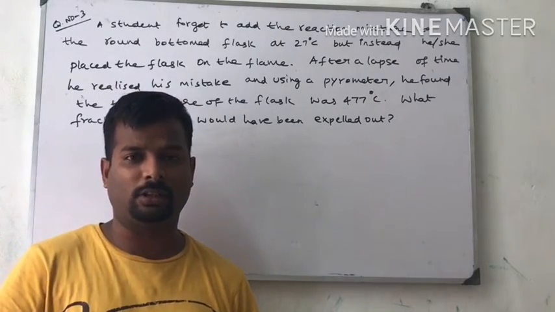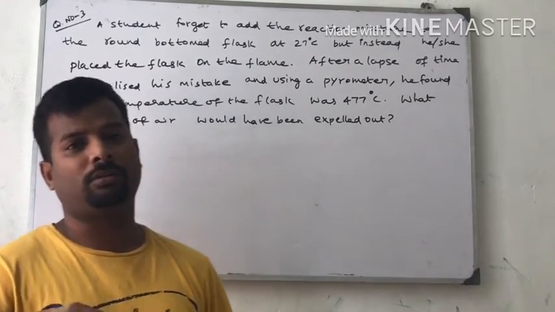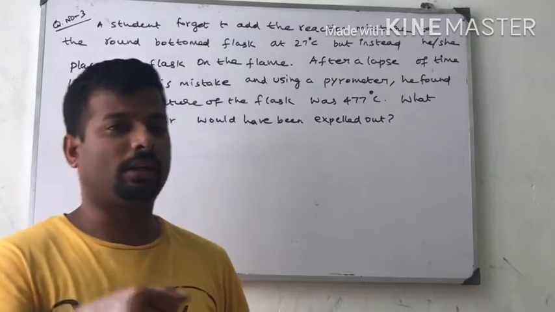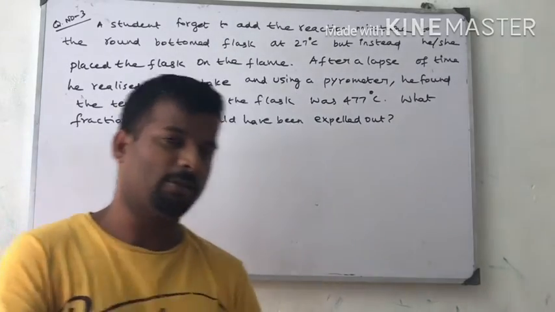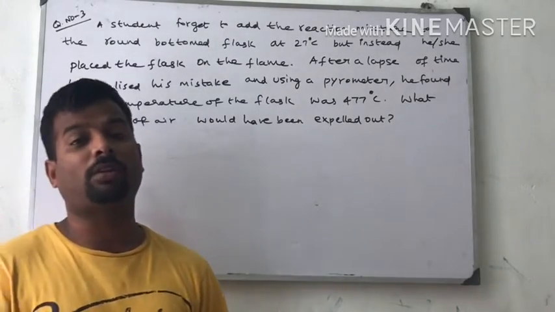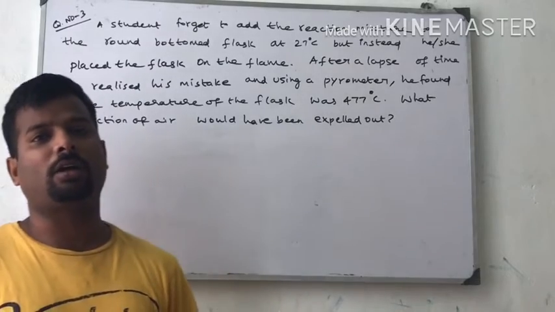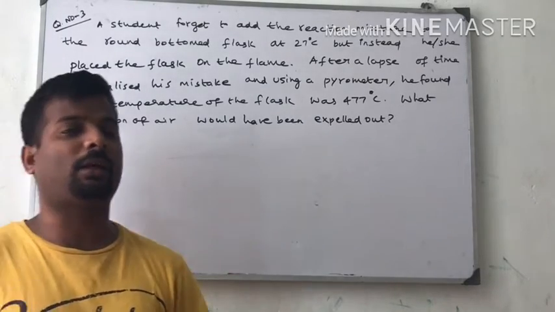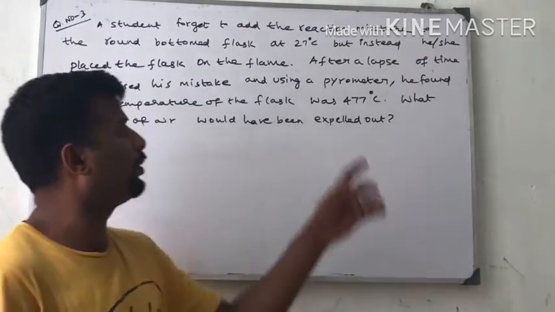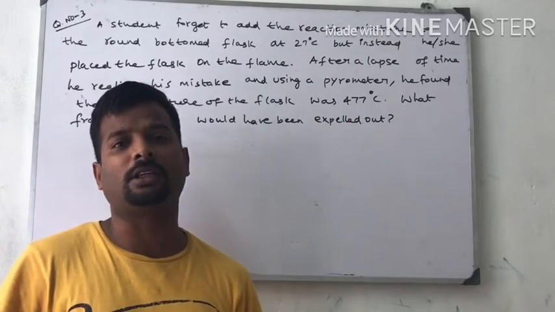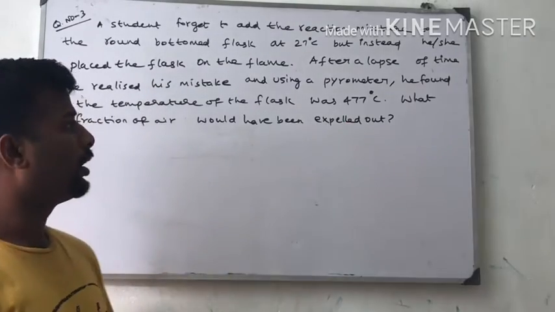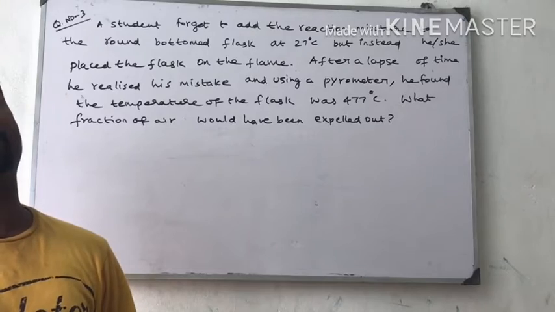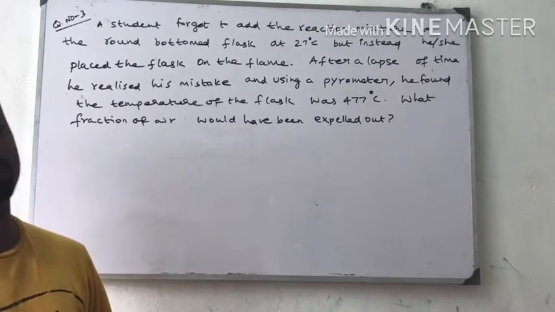The question is: a student, without adding the mixture, heated the flask in the furnace. After some time, he realized it and measured the temperature of the flask, which is 477 degrees Celsius. He found how much air was expelled during that process. That is the question.